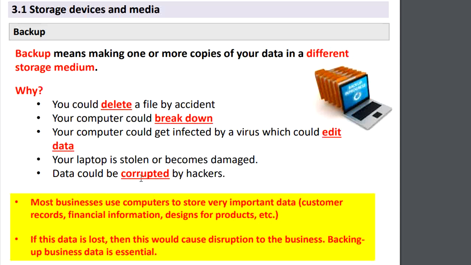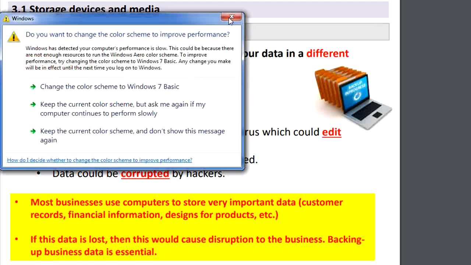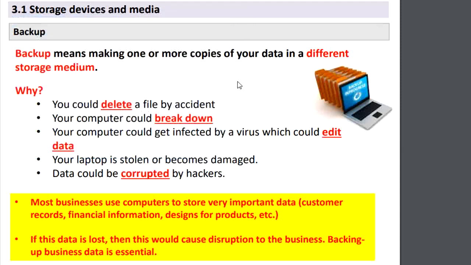Data could be corrupted by hackers. If you entered any suspicious website, if you downloaded any program which has a virus, if you opened any insecure link, and so on, your computer may be hacked by anyone.